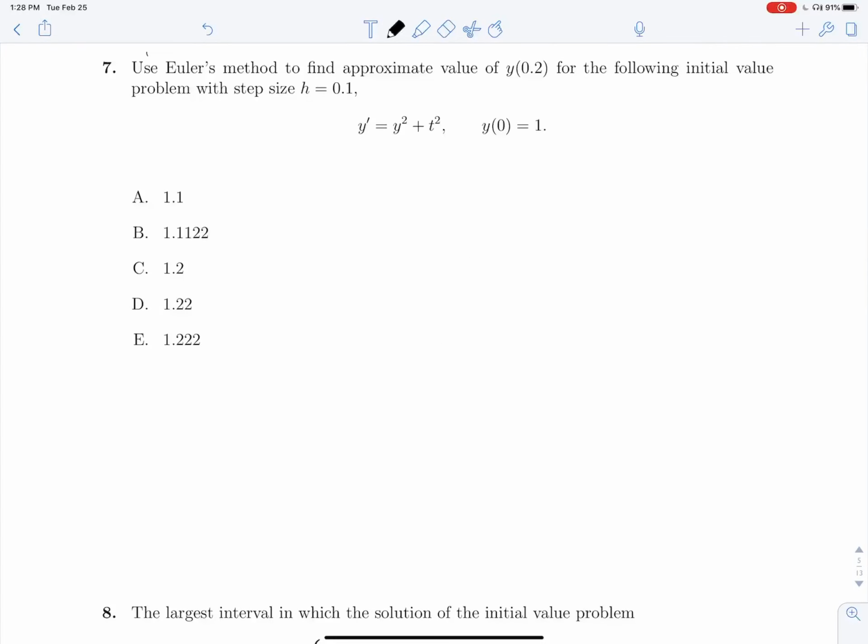Question 7, let's use Euler's method to find the approximate value of y at 0.2 for the initial value problem with step size h equals 0.1. So our general formula for this, y at n plus 1 is approximately equal to y at n plus h times y prime evaluated at n.